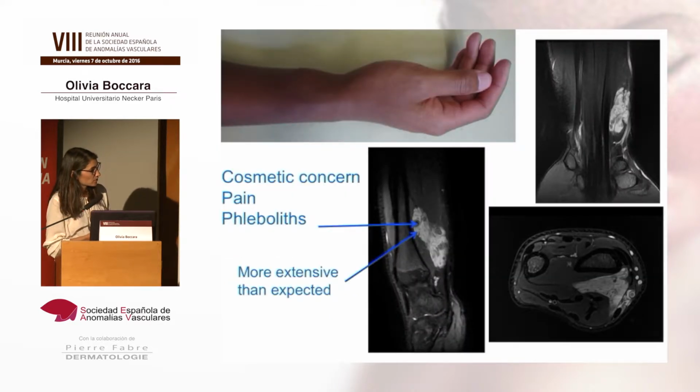Sometimes the lesion is visible, but it's not obvious. And when you make MRI, the lesion is much bigger than expected, as you can see here. And again, you see the phleboliths that are the main problems for the symptoms in those patients.